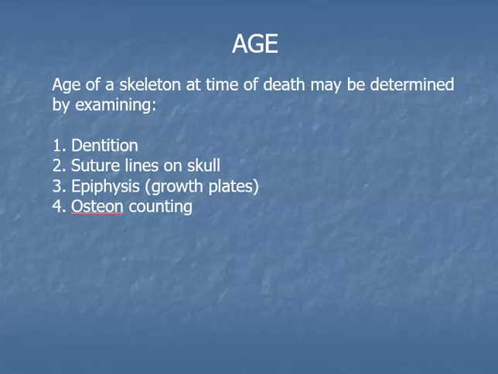But the suture lines that join the right and left parietal bones and the frontal bones at the fontanelle, the triangular area, the soft spot, will gradually grow together over a period of time, or years, and that will help establish how old this person was when they died.